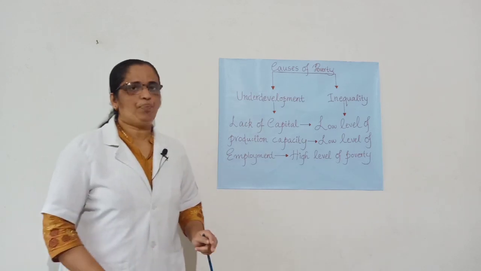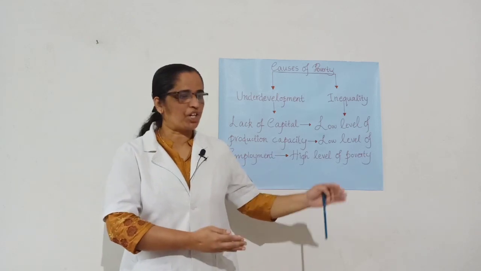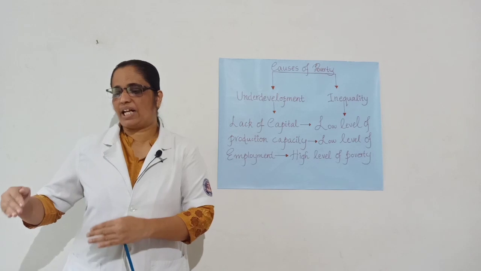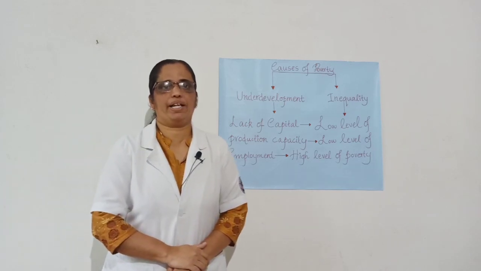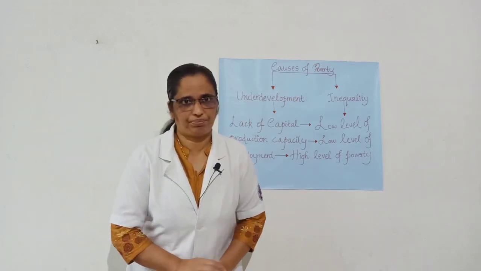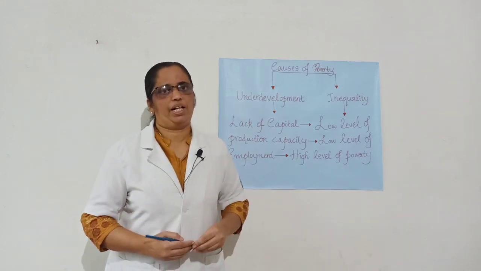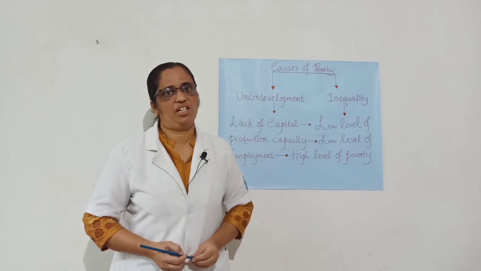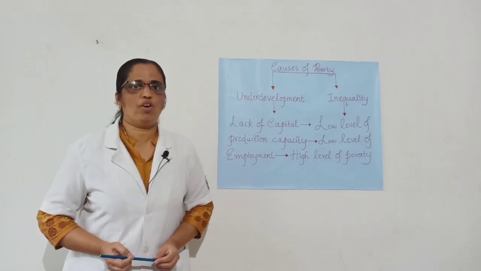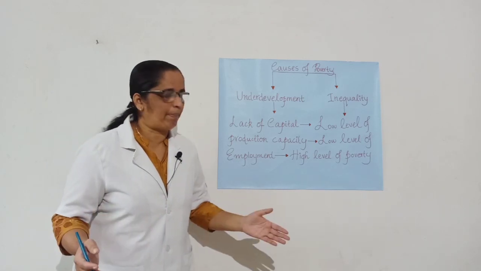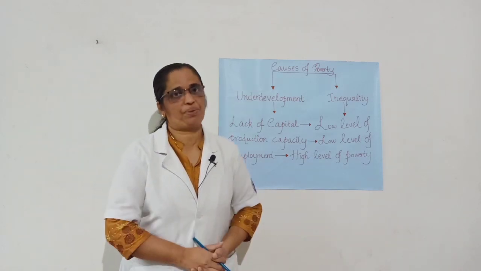So on the one side, population is growing fast. On the other side, because of the capital deficiency, the economy is growing slowly. In other words, the increase in population is at a faster rate than the increase in the number of job opportunities. The net result is open unemployment and underemployment.